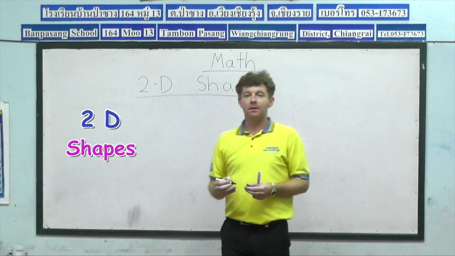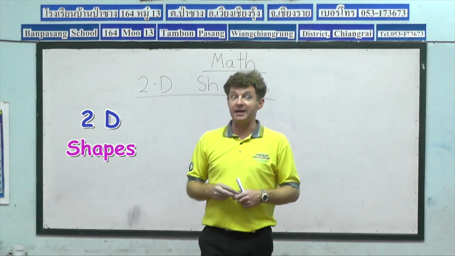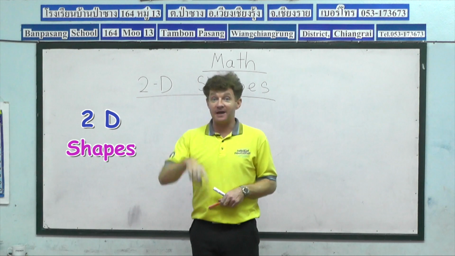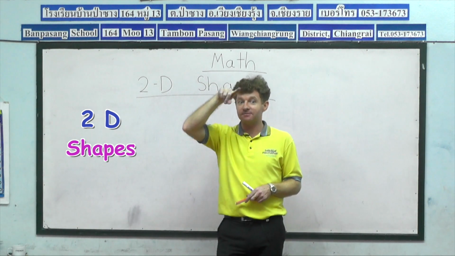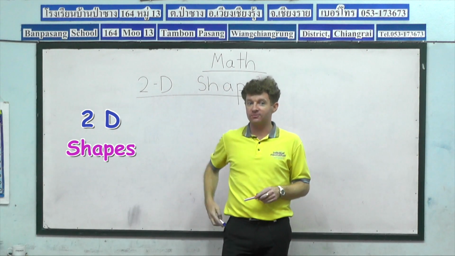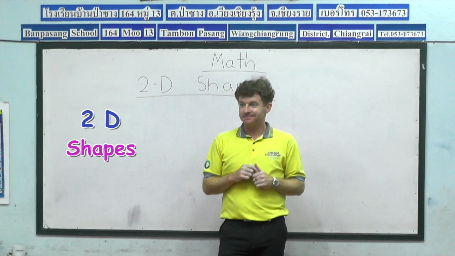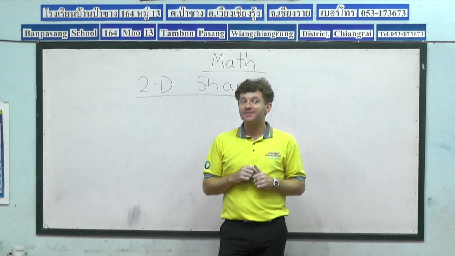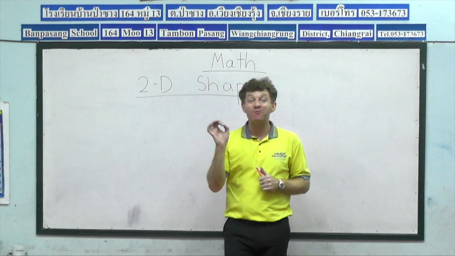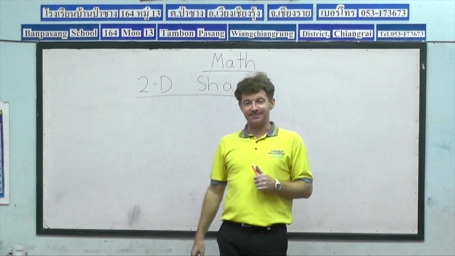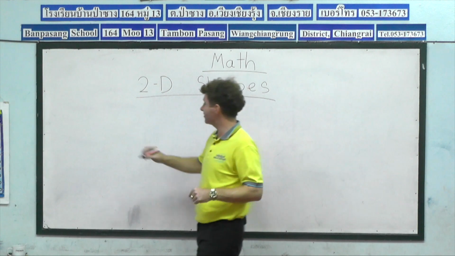Excellent. And in our last lesson, we learned about shapes that had 4 sides and 4 corners. Can anybody remember what they were called? Quadrilaterals. Excellent. Let's spell together.